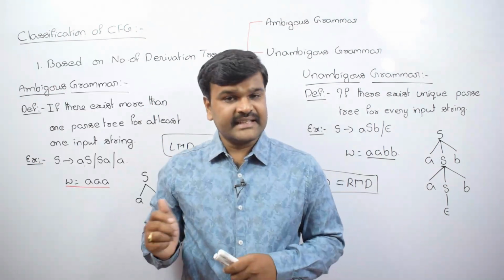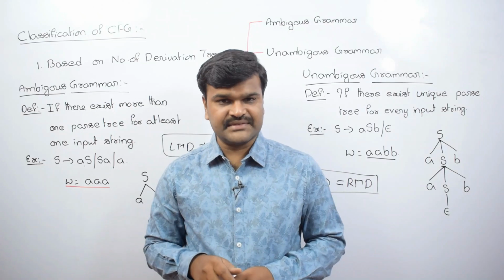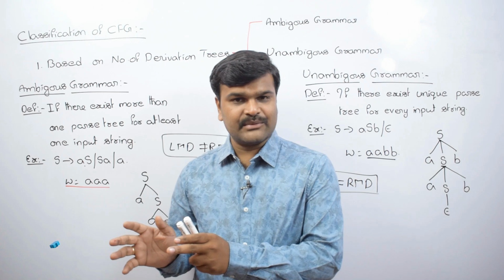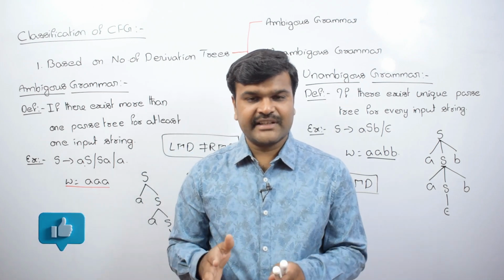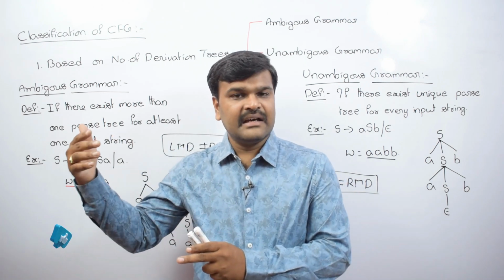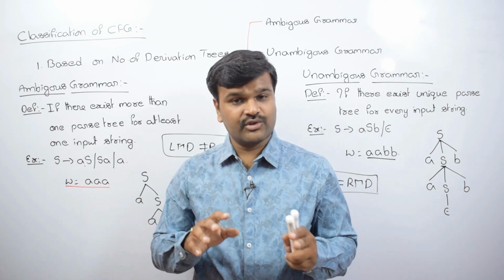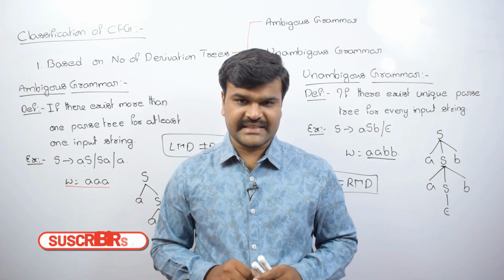Then the next point is that ambiguity of a CFG is undecidable. The decidable and undecidable concept we will discuss very clearly in later discussions, after completion of the whole discussion, or you can also see it in the theory of computation.